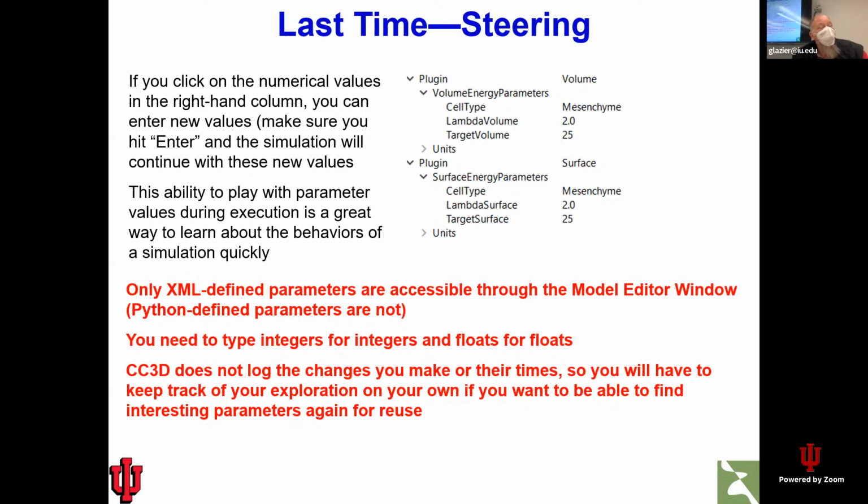The one thing that we have to remember is that if we start out with a float in the steering panel, we have to type a float. So if it was 2.0 and we want to make it 3, we have to type 3.0, not 3. And if it started out as an integer like 25, we have to type 26, not 26.5. That's a weirdness about the way the XML parser works.